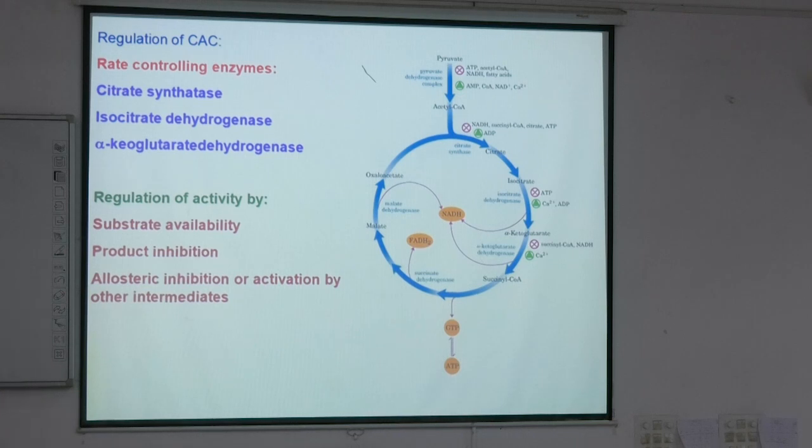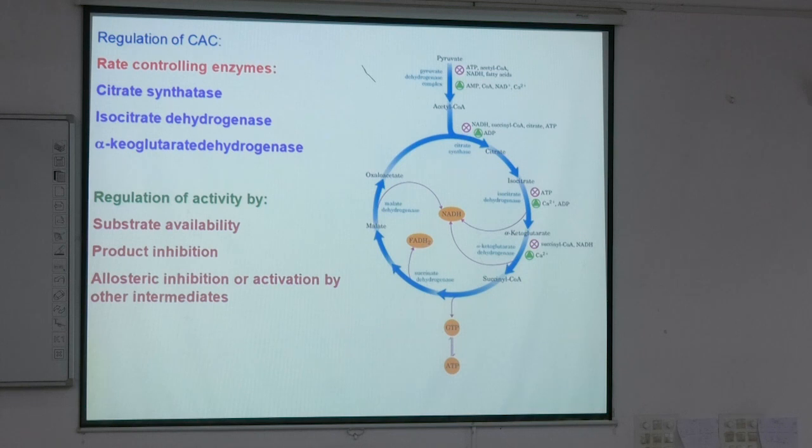Regulation of TCA cycle. A never asked question. None of them dared to ask this question. Regulation of TCA cycle is so difficult to explain, but few points you can remember. What are those?